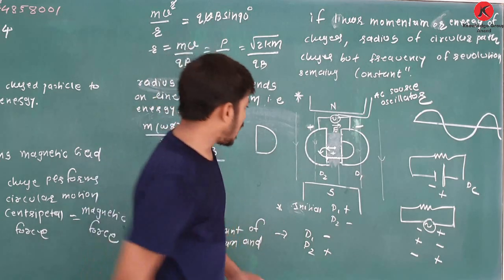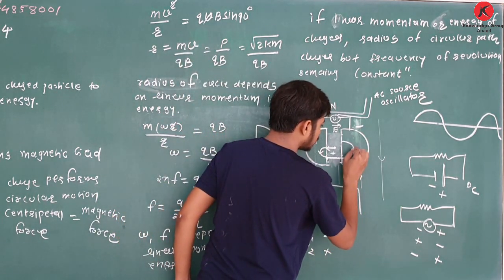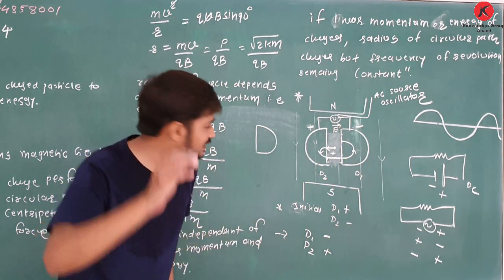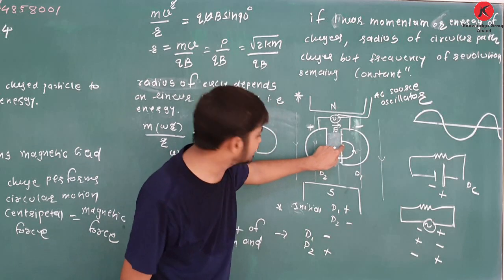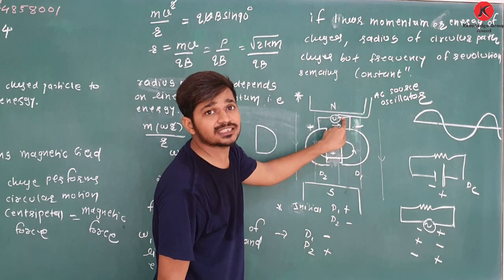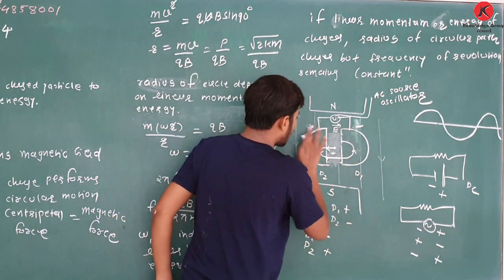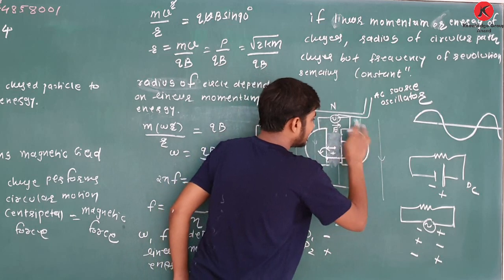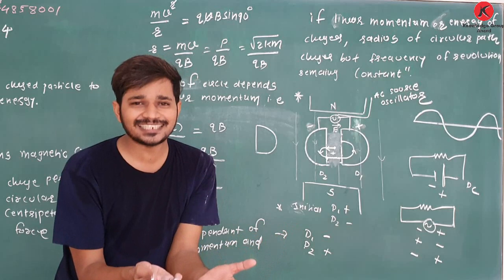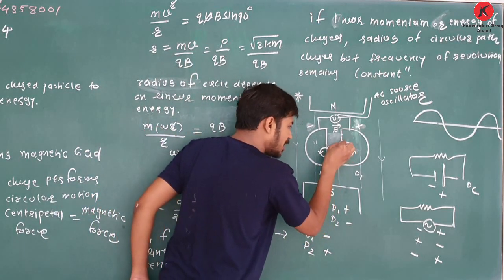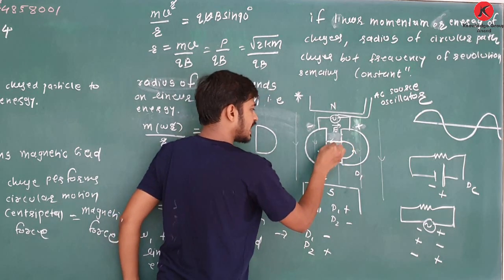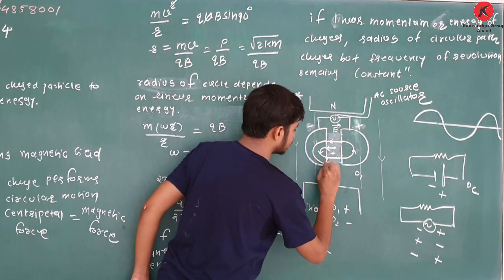Clear about this? Now again, it is moving on a circular path. Again, when it is about to exit from this D, the polarity and frequency of this AC source are adjusted such that now this one will become negative and the other will become positive. So yes, again the direction of the electric field is changed. So this particle is again accelerated, linear momentum increases, energy increases and its radius also increases.